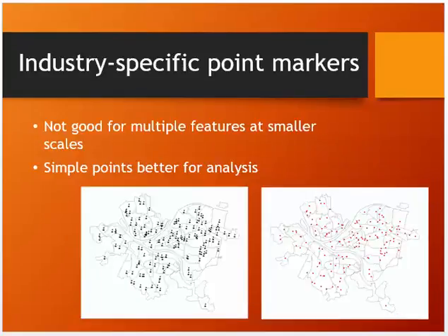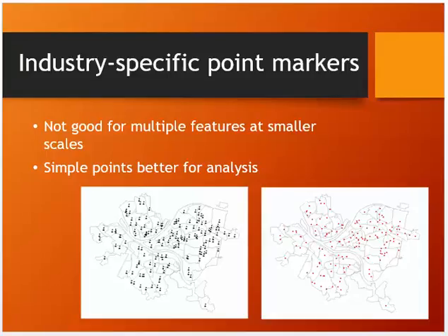You can also use industry-specific point markers as you go into the symbology part of ArcMap. You'll see you can pick from hundreds and hundreds of different point symbols, most of which you'll never ever use, never have any reason to use.